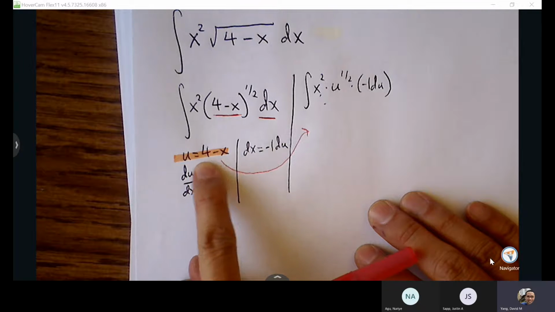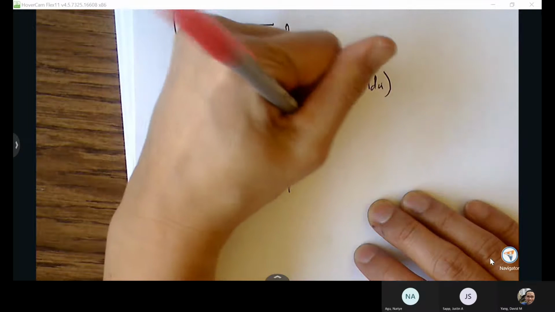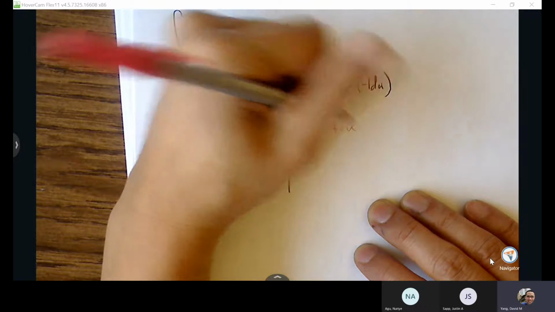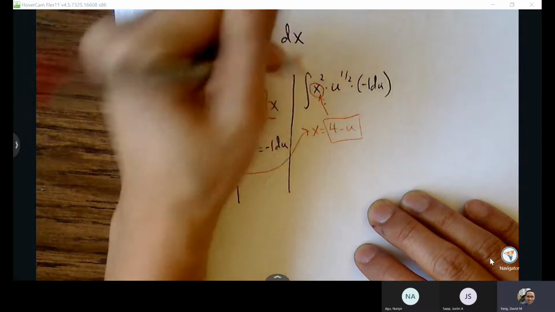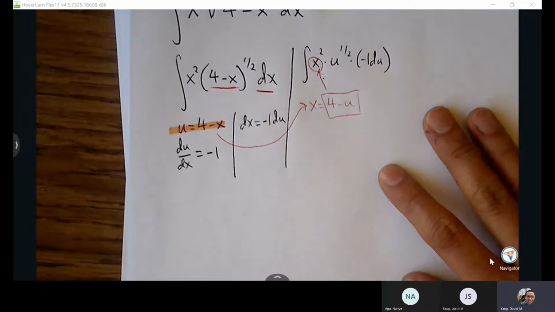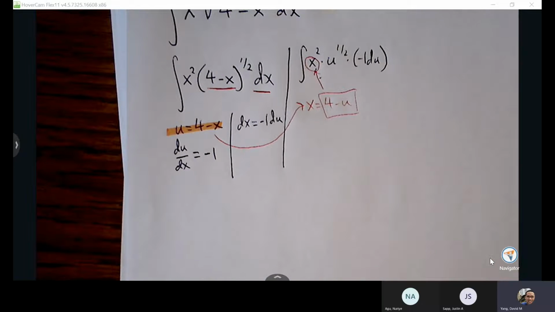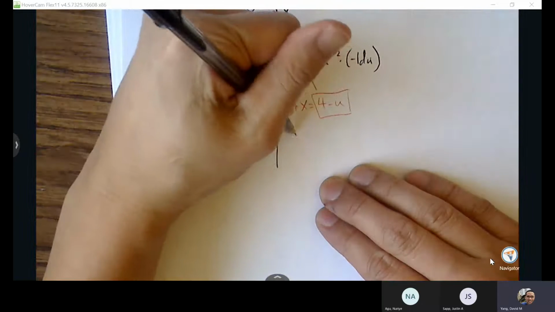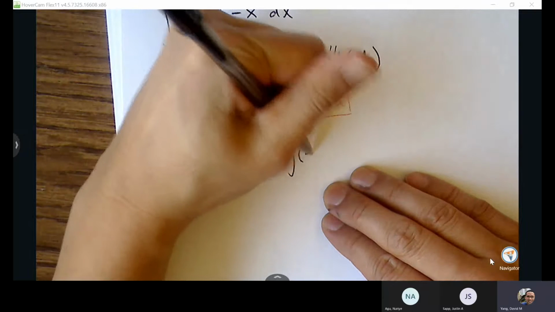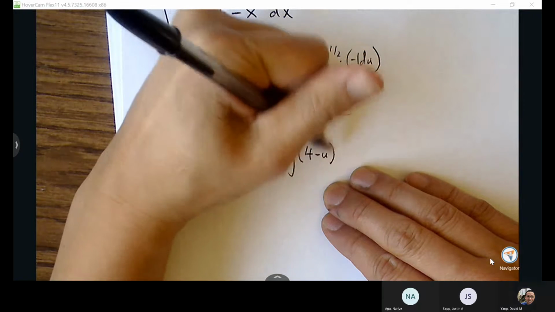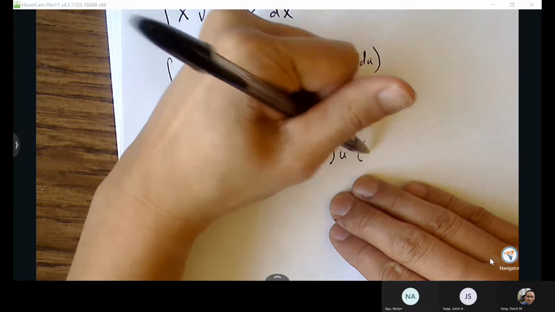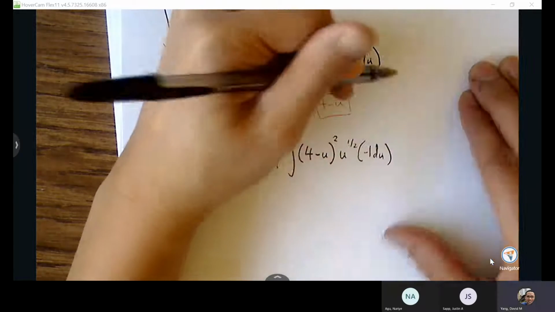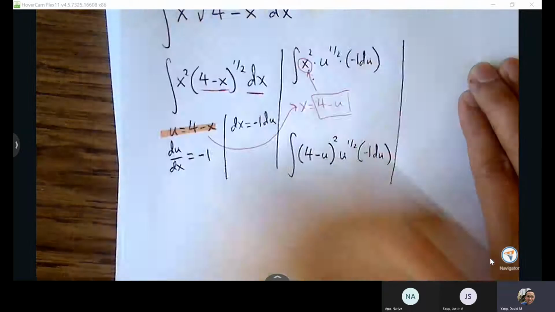If I rearrange this equation. 4 minus u. And now I have something to get that x to go away. Okay, we still have to do some significant cleanup, but at least we have a path towards our answer.